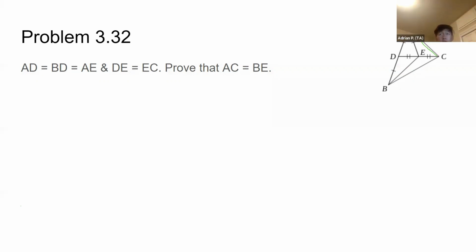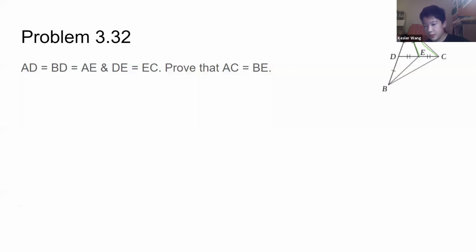Okay, so it's 7:53. We're gonna resume class. If anyone wants to tackle this question, go right ahead. The way you prove this is by making sure that triangle ACE and triangle BDE are congruent.